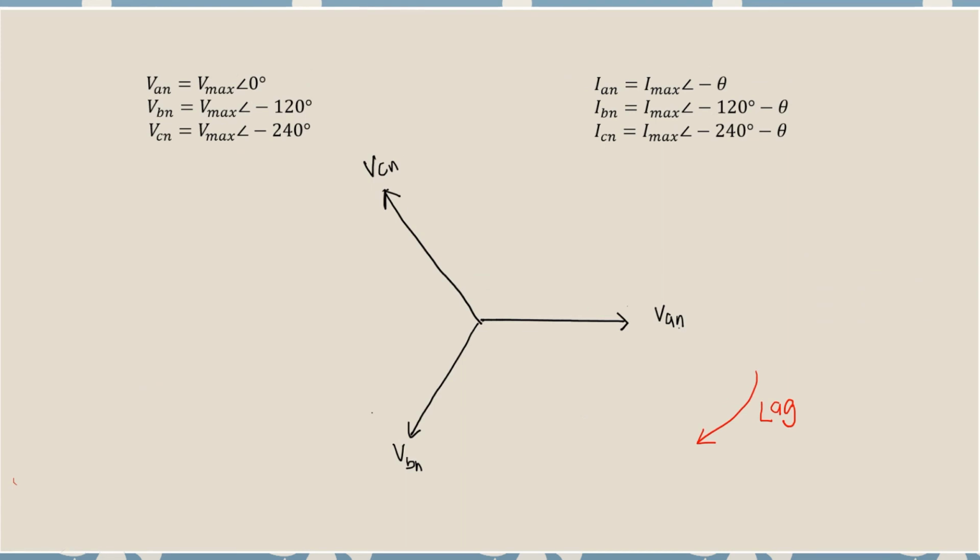We are taking the lag as an example. So if you see here, VAN is a reference. Why is VAN the reference? Because it's at 0 degree. And then you can see VBN is displaced by negative 120 and VCN by negative 240. So when you see a negative, automatically it's lag. So we're going to draw VAN for now.